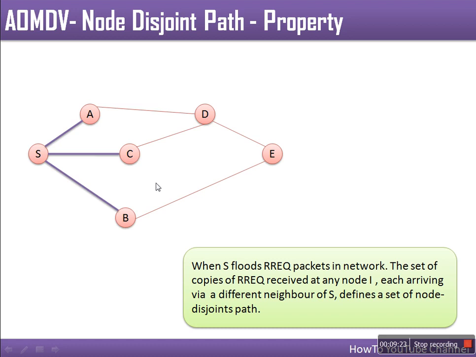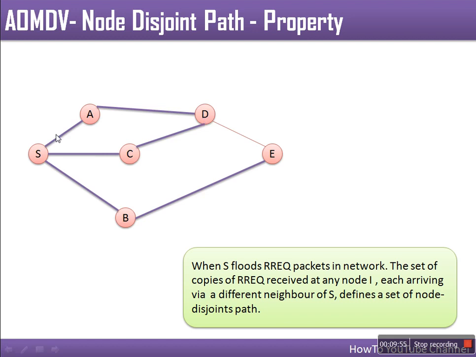So if we look at the complete scenario, what will happen at E? A and C will broadcast their packets, and node D will receive two route request packets. Now, when a node receives multiple route request packets, that node sets a reverse path for all of those route request query packets, but it will forward or broadcast only the first route request packet.